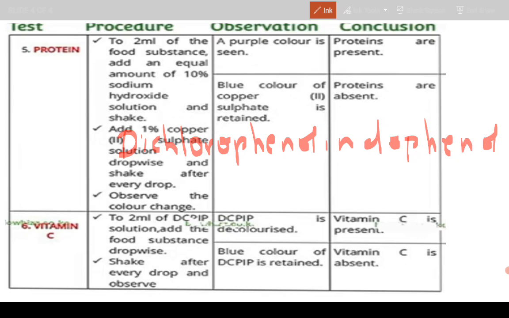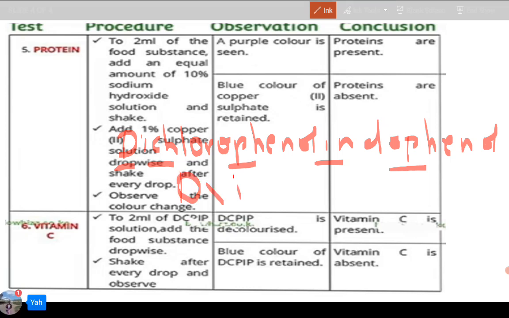In short, it is called the DCPIP. It's a chemical which is used to test for the presence of vitamin C. It is also used as an oxidation indicator.